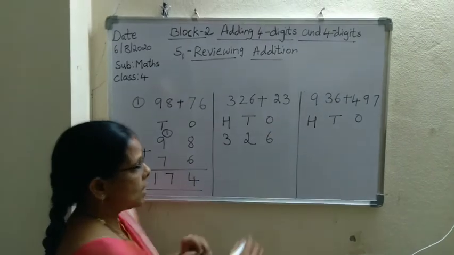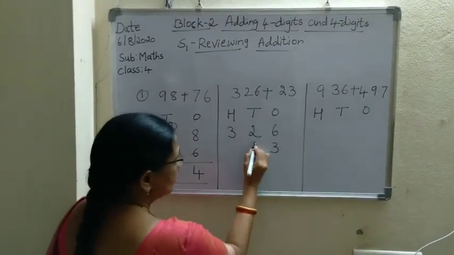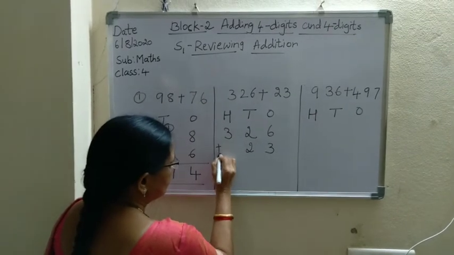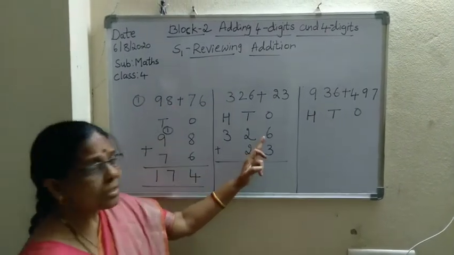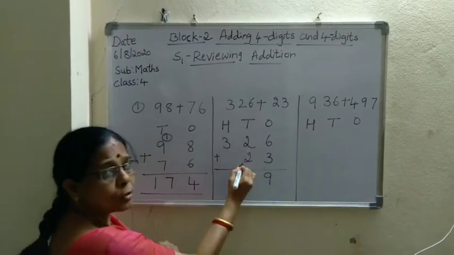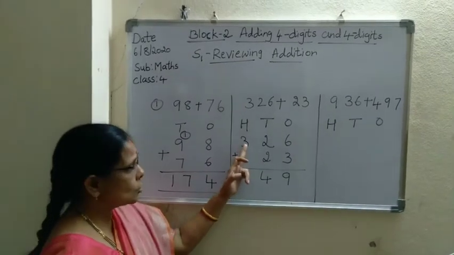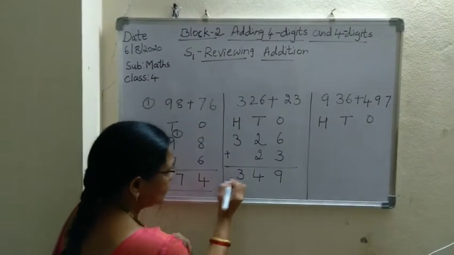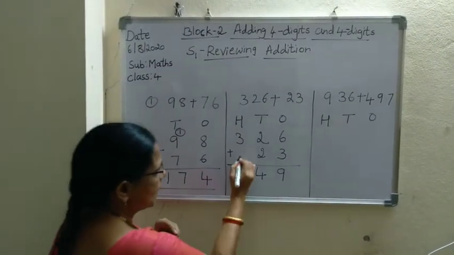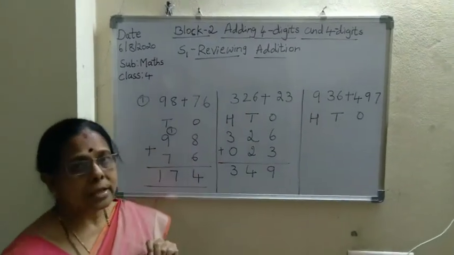Now 3 is in the ones place and 2 is in the tens place. Now 6 plus 3 is 9. 2 plus 2 is 4. Here there is no number, children, so directly you write 3. If you are confused, you can write 0 here. If you don't have any number, you can write 0 also.